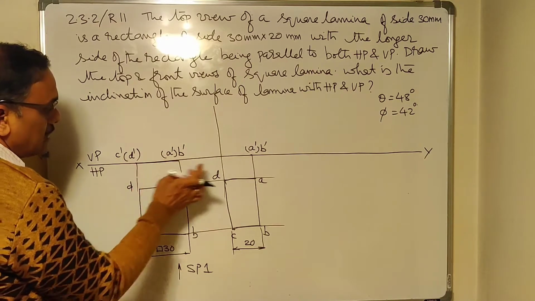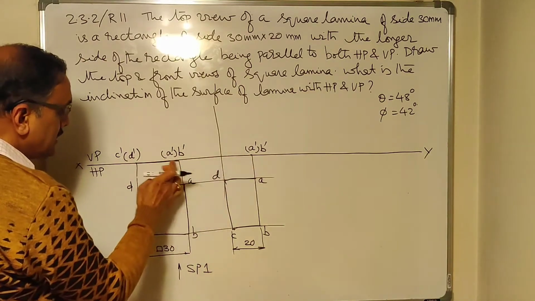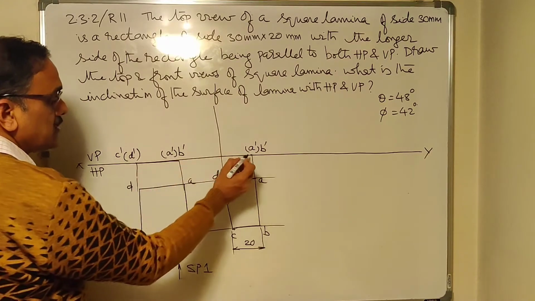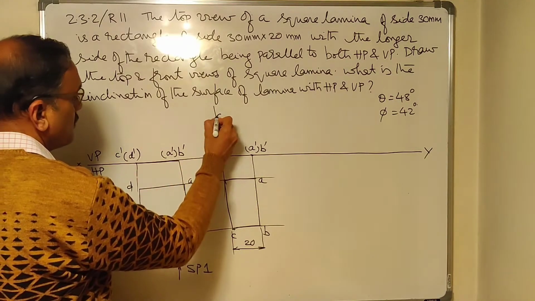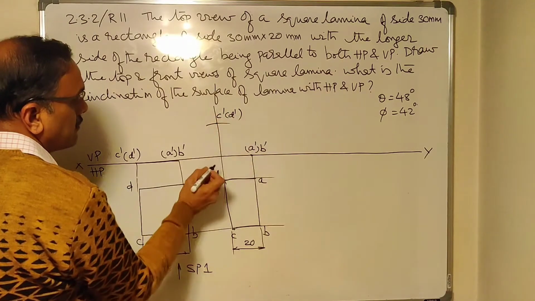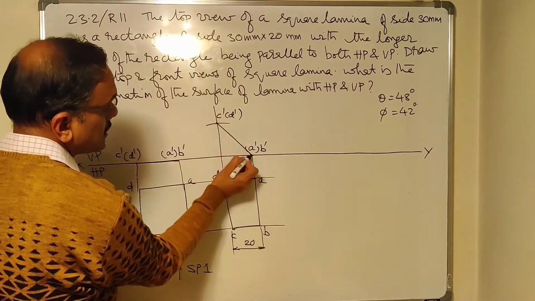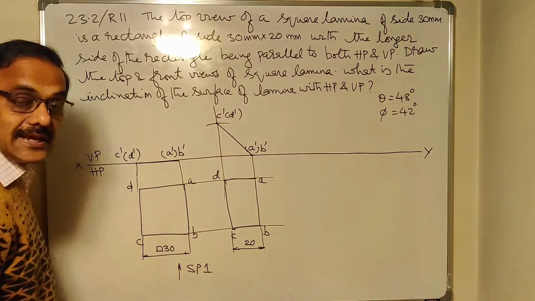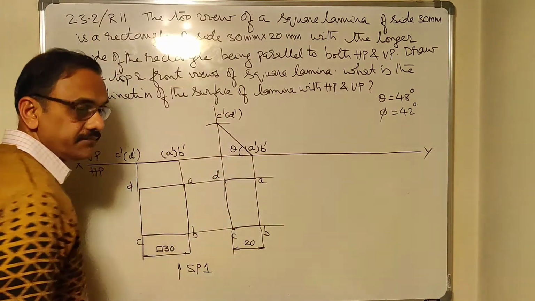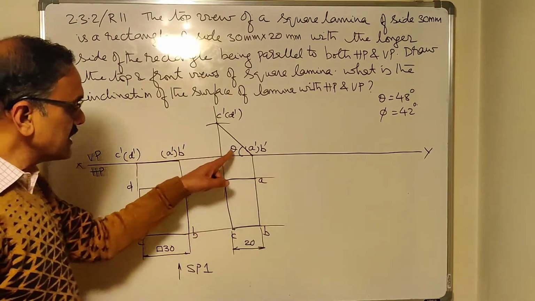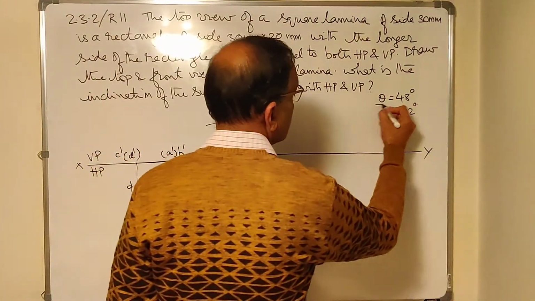Okay. Take A dash B dash as center, this length as radius, 30 mm as radius. Use a compass and draw an arc. So this is the position of the surface in HP. In other words, this is the angle theta. When you measure this angle theta, it should come to 48 degrees.